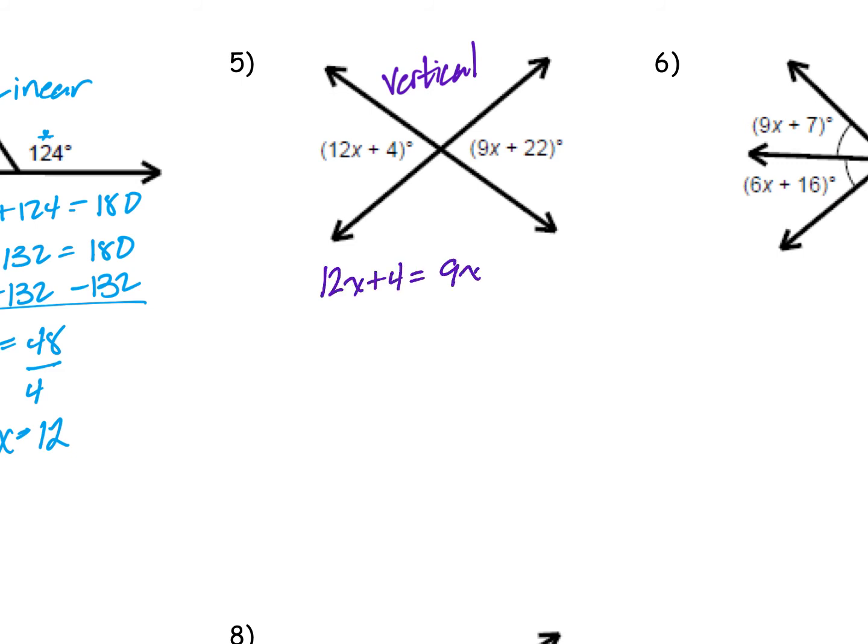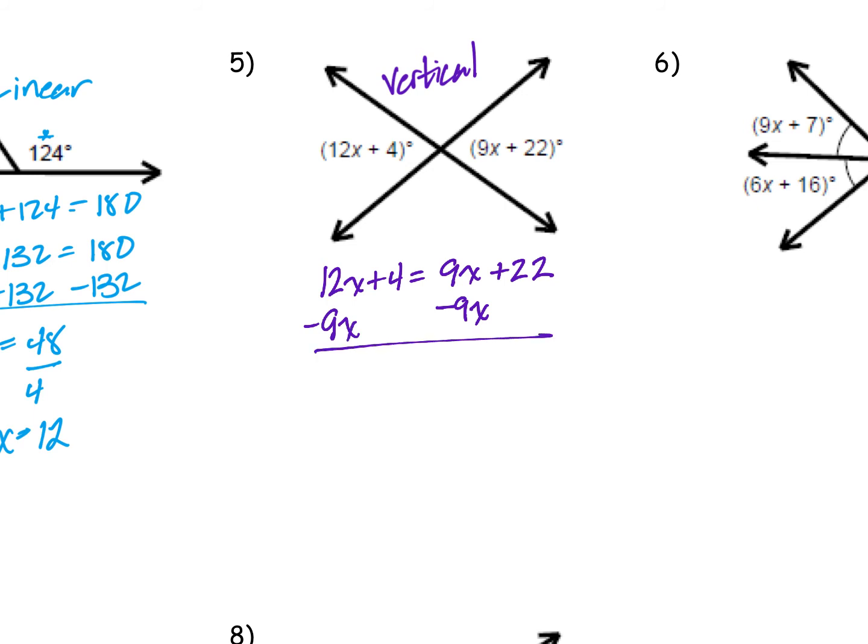equals 9x plus 22. Okay, now we have a little harder problem. What do I need to do first? Put the x's together. So how am I going to do that? X's to one side of the equal sign. They're on opposite sides of the equal sign, so I'm going to do the opposite. I'm going to subtract 9x.